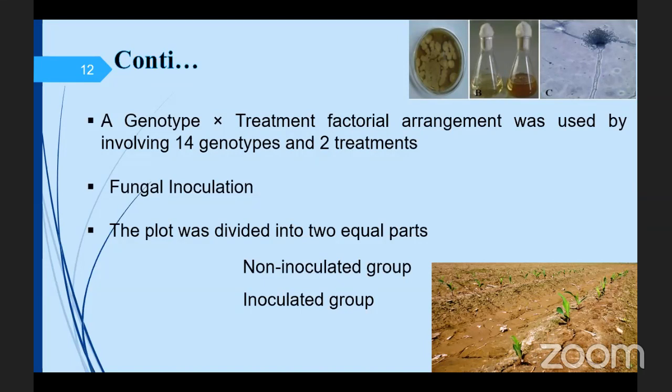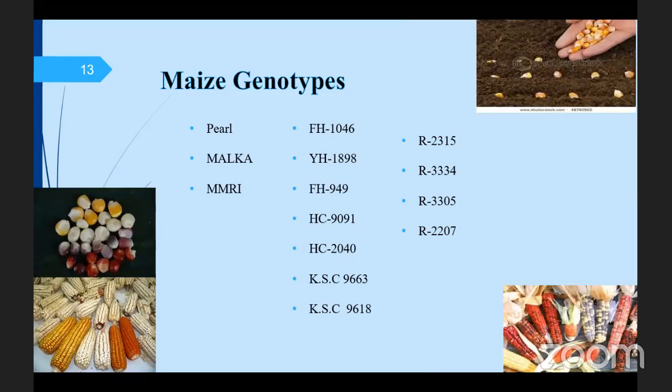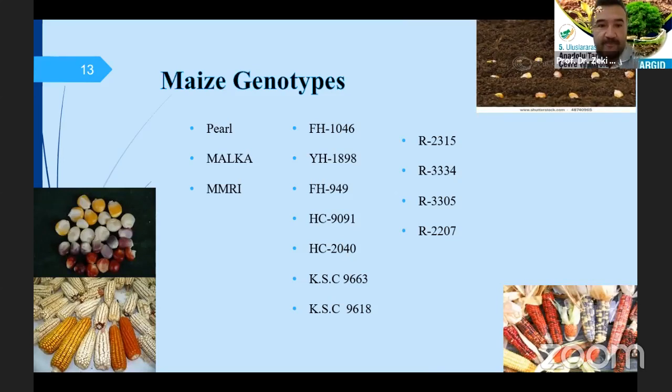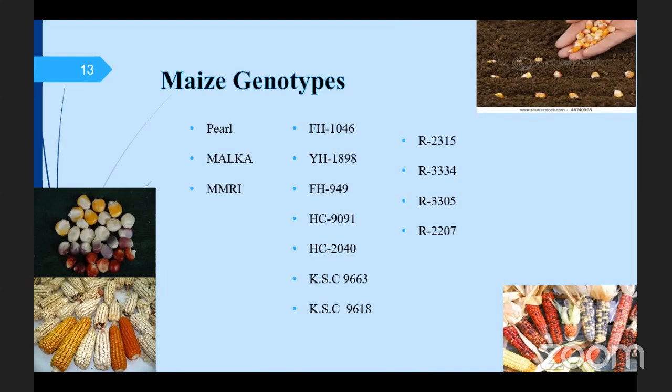The other group was not treated with the fungus and was named the non-inoculated group. These 14 genotypes include some hybrids and some varieties. Pearl, Malka, and MMRI are the varieties, and the other 11 are different types of hybrids.